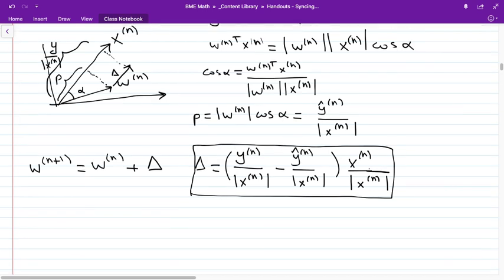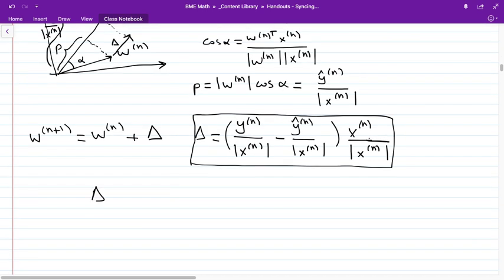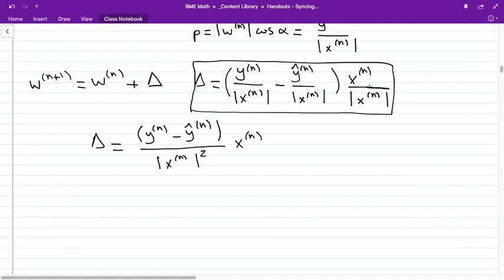So what is this quantity? This delta is equal to, what's in the numerator? It is y of n minus y hat of n, divided by the norm of x of n, multiply this through, squared, times x of n. This is if I wanted to completely remove the error, which means that my learning algorithm becomes like this.